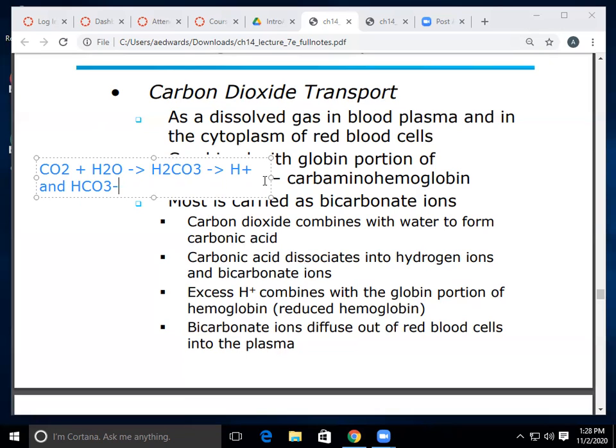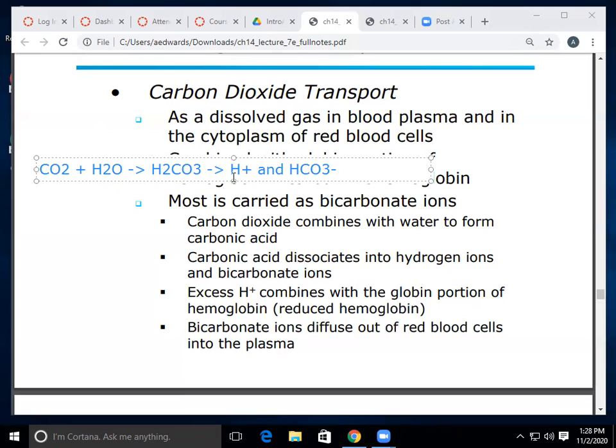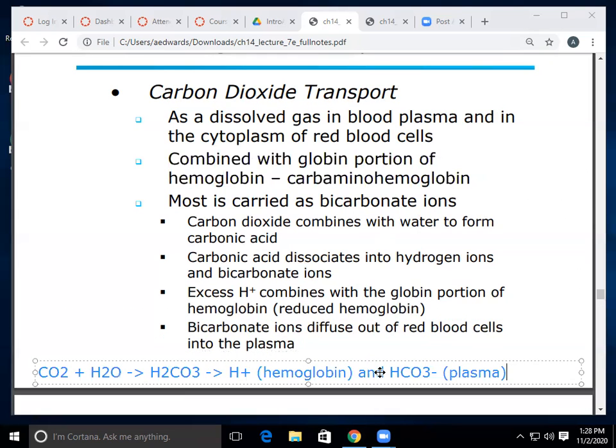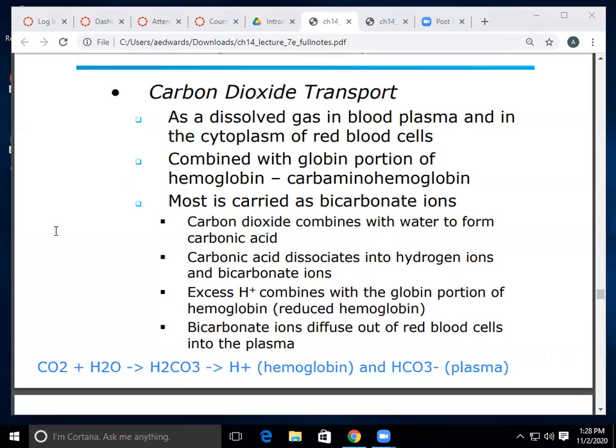Okay. So what we'll do is we'll put hemoglobin, and I will move this down there. Okay.